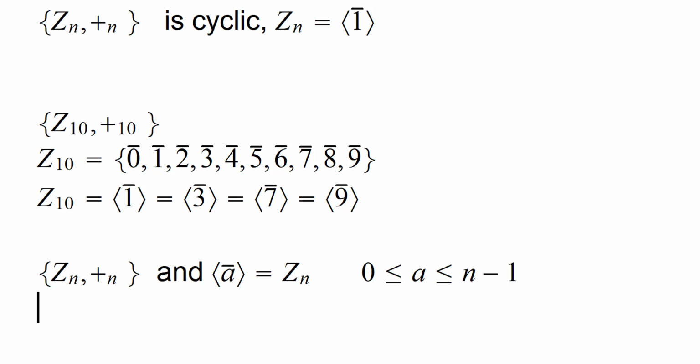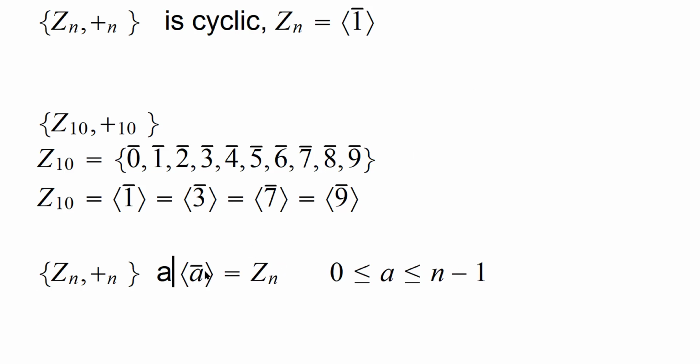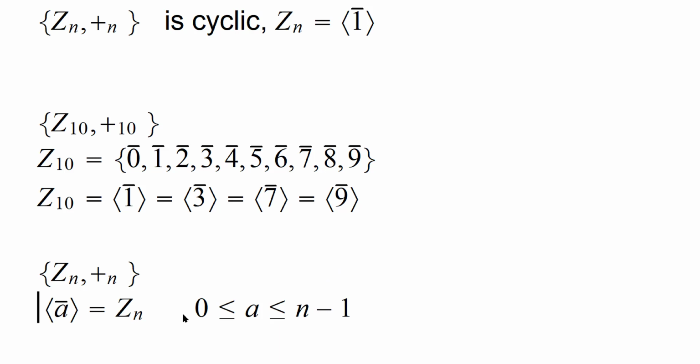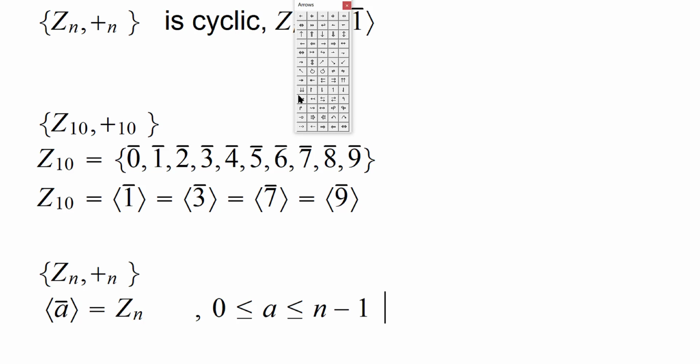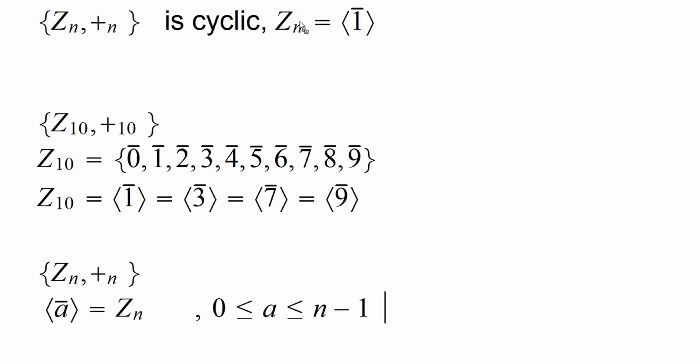Okay, so let's write a statement here. This happens if and only if, that is, an element of this set would generate the entire group if and only if, what we can show is, the greatest common divisor of A and n equals 1. Okay.